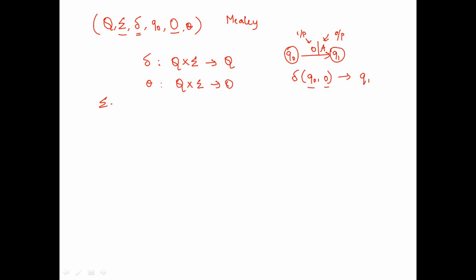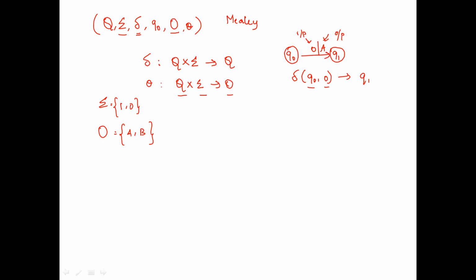For example, if my input alphabet is 1, 0, a binary alphabet, my output alphabet could be other symbols, A or B. So this is the tuple for a Mealey machine. Depending upon the current state and the current input symbol, the output symbol is decided, and it has one additional set called O, which is the set of all possible output symbols.